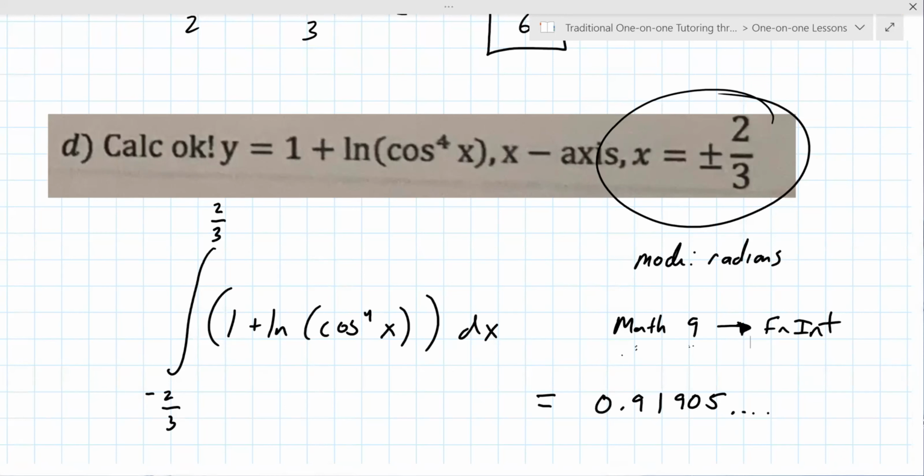Yes, I would recommend trying at least one to make sure you're comfortable with this, in case you have exactly this on the test where you can just plug it in and go. Okay. 1 plus natural log cosine. It's not letting me cube cosine.